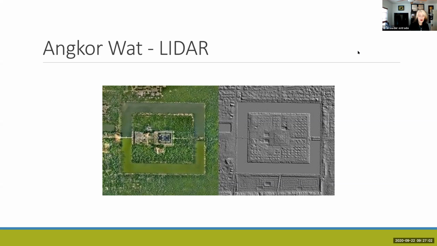This is a tropical area. Angkor Wat itself is gargantuan. This would be a vertical aerial photo. You can see that they've already done some excavation around this main building, and that there was a walkway out the front, and this empty area that was probably a moat-like area and still has water in it.